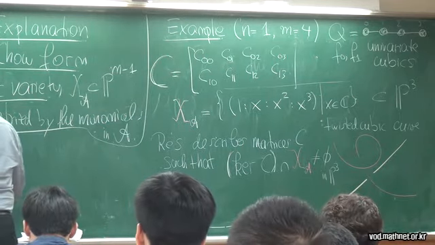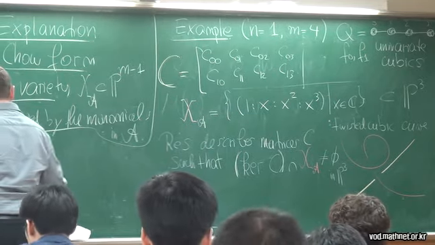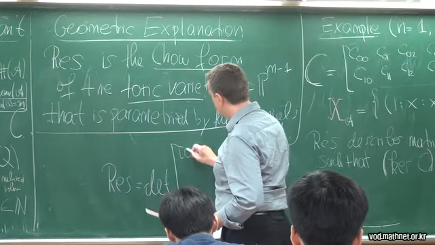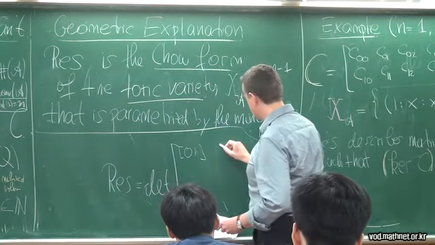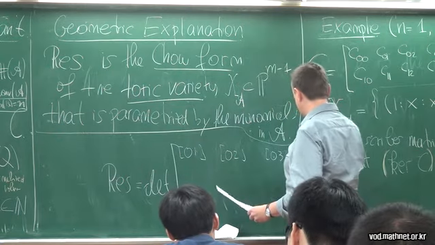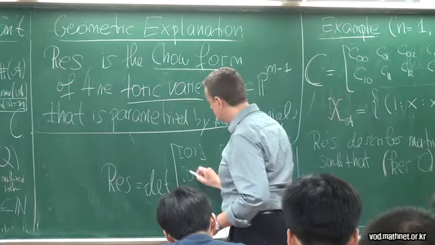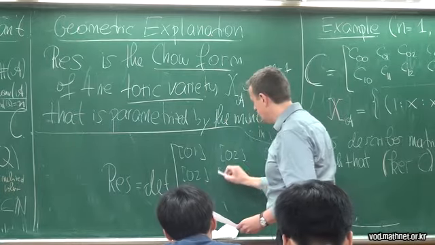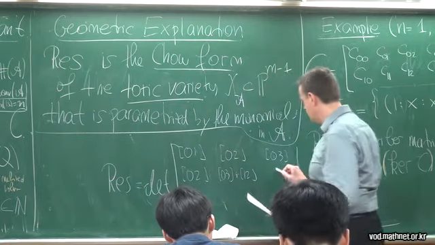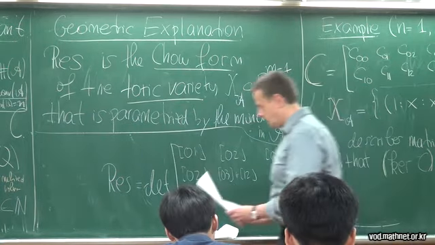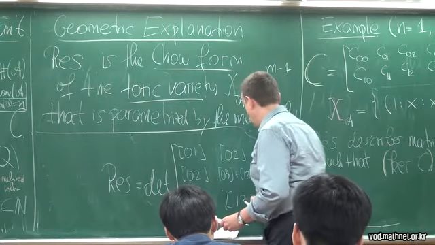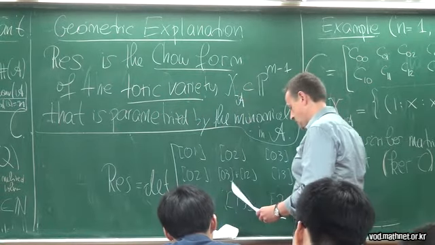In this case, the way I like to write the resultant is as the determinant of a matrix with entries the brackets [01], [02], [03] plus [12], [13], and [23].